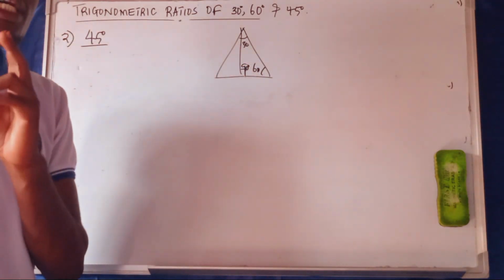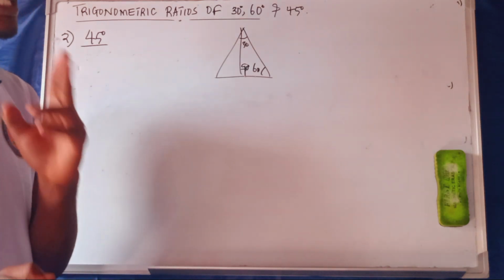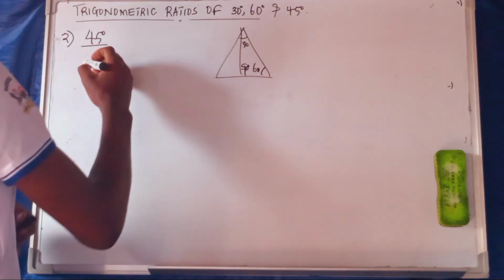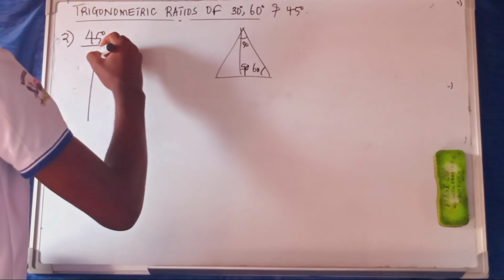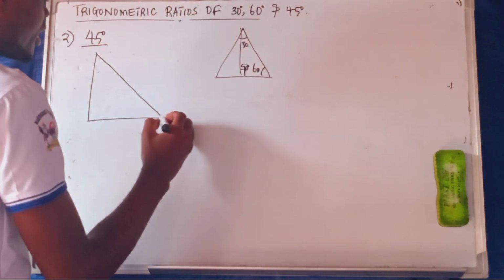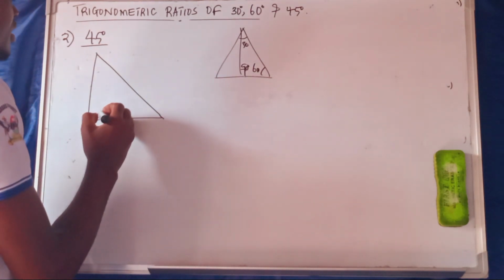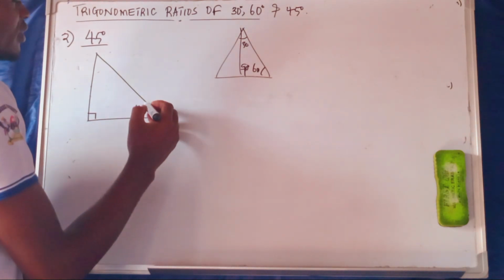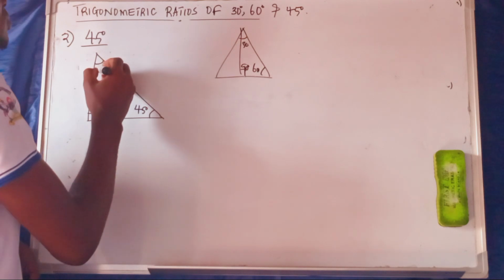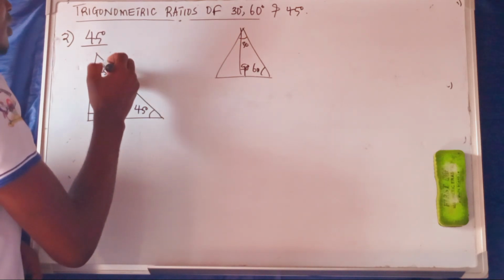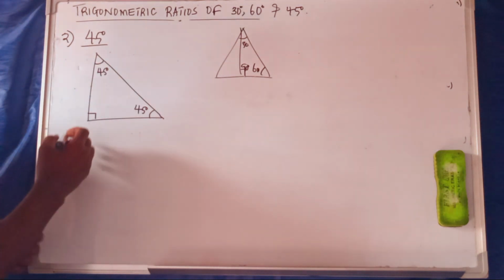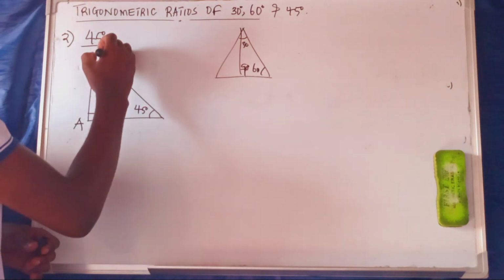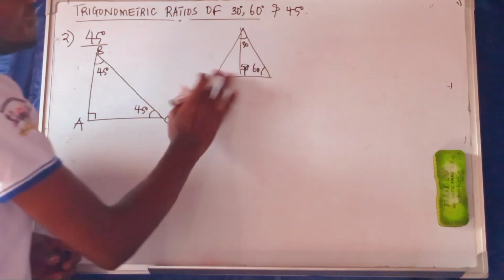So how do we create a 45? It means that we shall have a right-angled triangle. If this is 90, and I want one of the angles to be 45, this automatically tells me that this is 45, because they must add up to 180 if this is my triangle ABC.